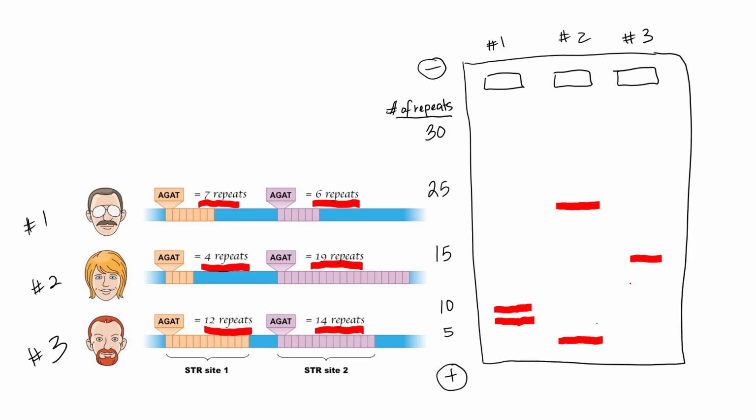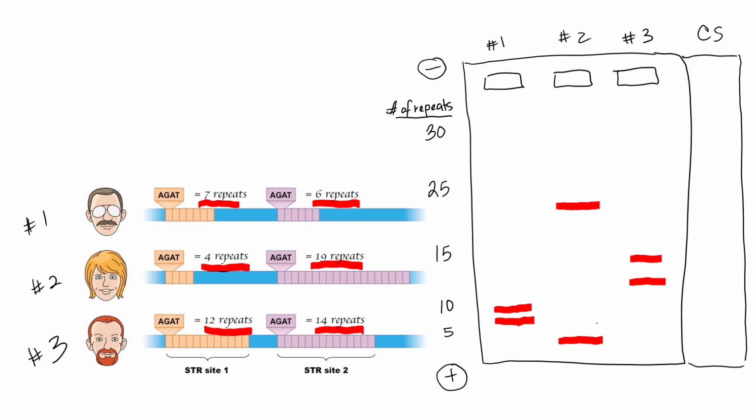So that would probably be the 14, and then that would probably be the 12. Okay, so that would give us a reference sequence to compare to the crime scene. So if we had another lane where we ran the DNA from the crime scene, let's add another lane.